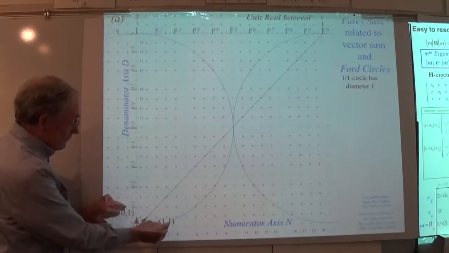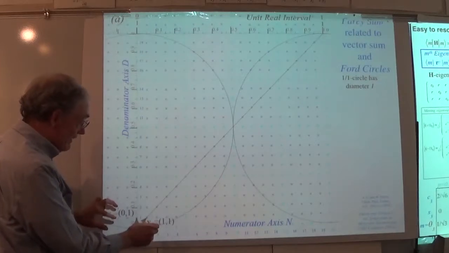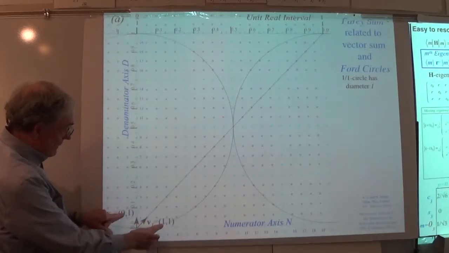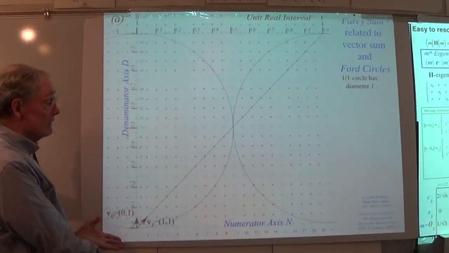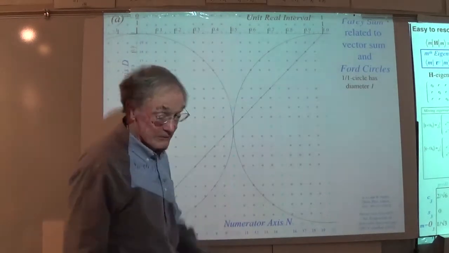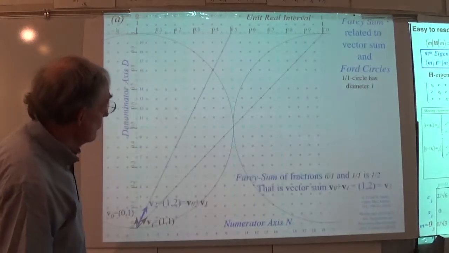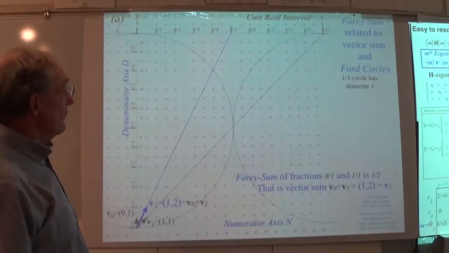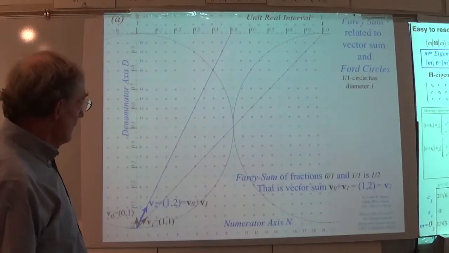You add those two Farey fractions, you get 1, 2, 1/2. So this is a construction to find 1/2, the most elementary, not completely trivial fraction. Okay? That's the basic idea.